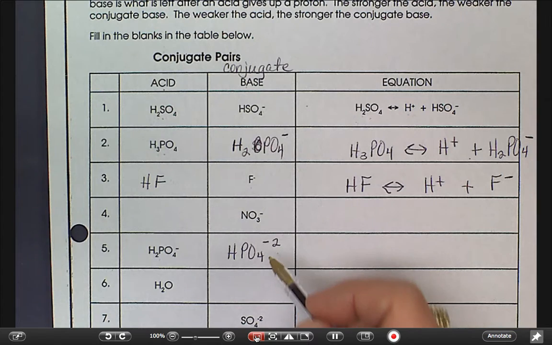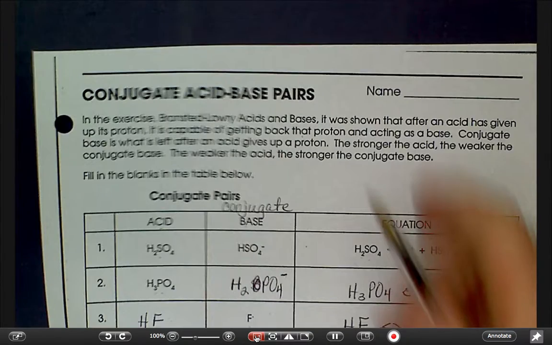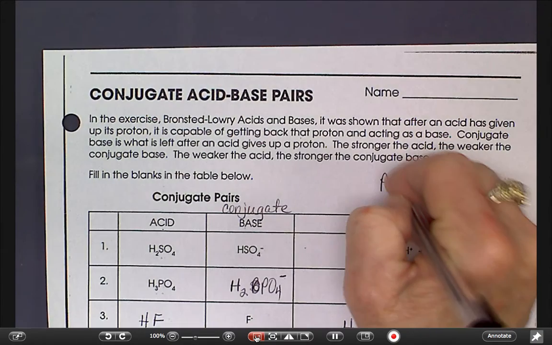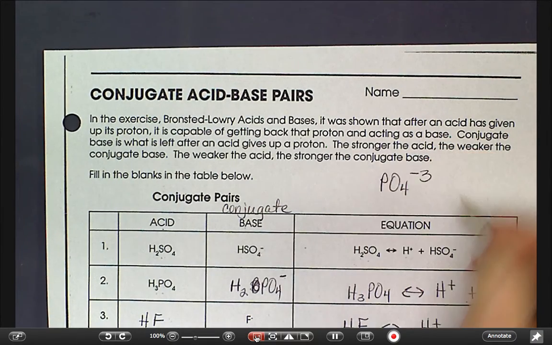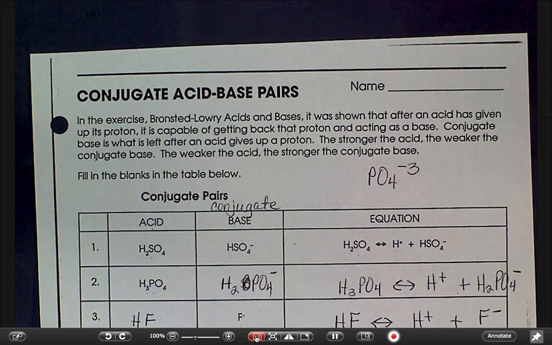Look right here. What are we heading to? Can you recognize PO4 negative 3? What is that? Try. A polyatomic ion.